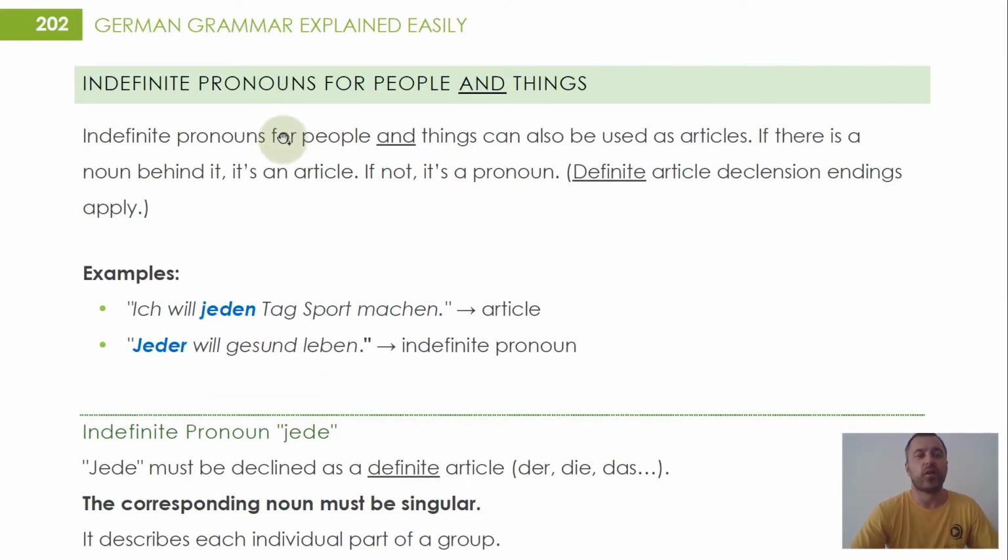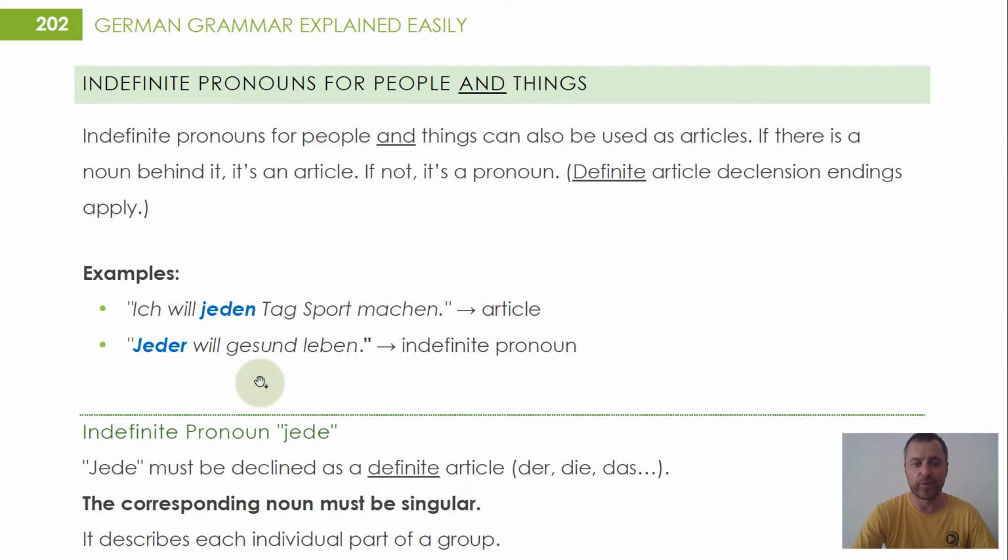So we are now already at the indefinite pronouns for people and things. And here, a little grammatical side note, they can be used as articles too. If there's a noun behind, then it's technically an article. If there's no noun behind, then it is an indefinite pronoun.